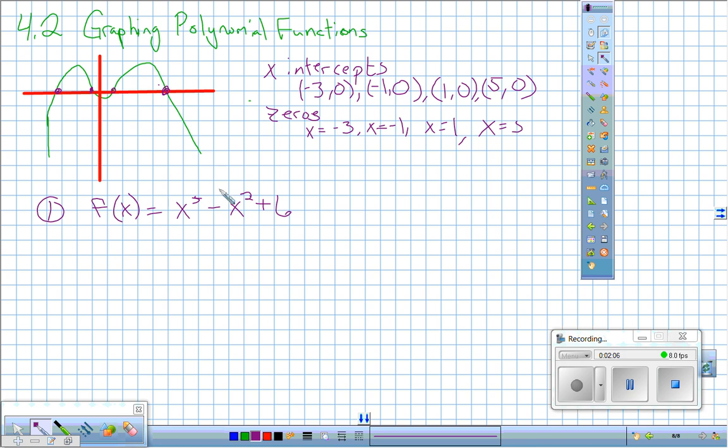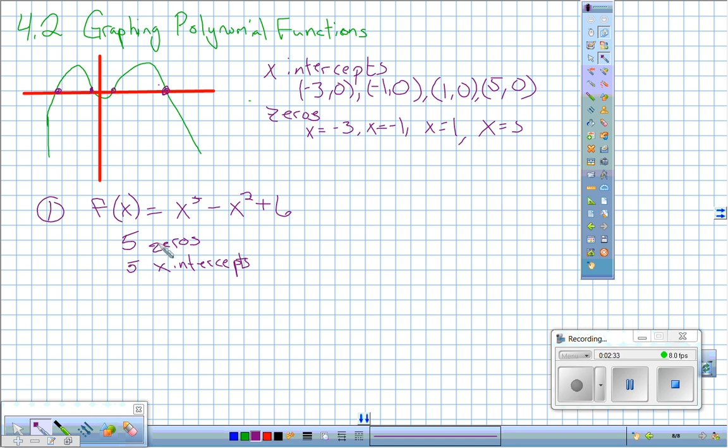My first answer is whatever my degree is, so I can possibly have 5 zeros. The next part asks the maximum number of x-intercepts the graph can have. This will be the same. I can have at most 5 x-intercepts, because they go hand in hand with each other.